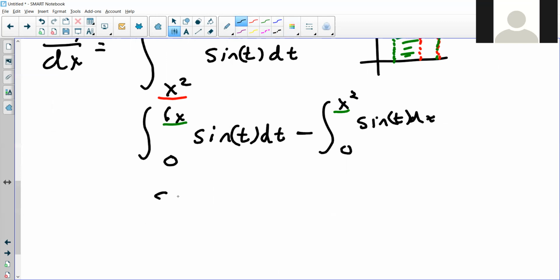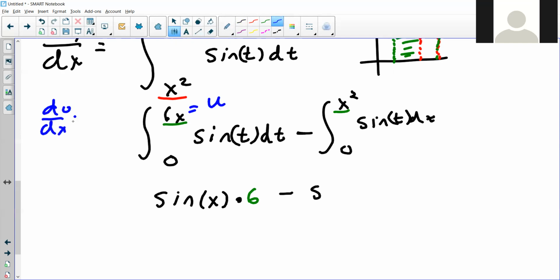On the left, I will have sine of 6x times the derivative of 6x, which is just 6, minus the term for x squared, where you also take the derivative. Why do you not put 6x in the sine? Because in the long way you turn this into a u, and then you multiply by du/dx, the derivative, which is just 6. So technically you're plugging in u.